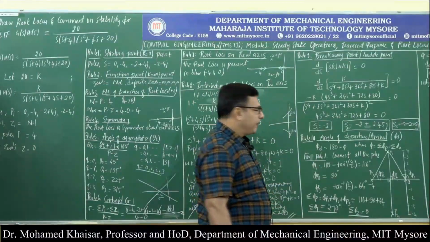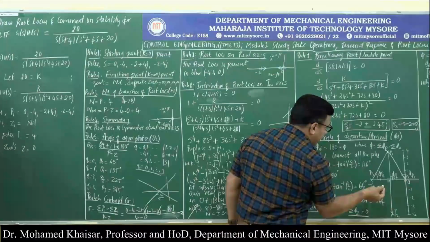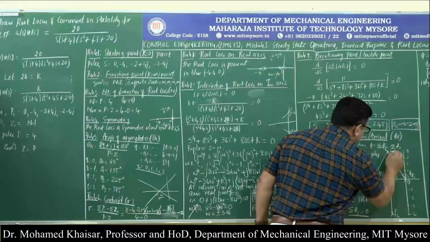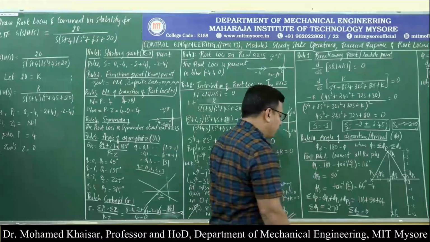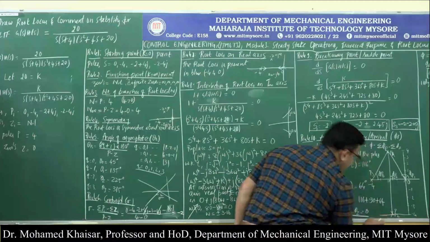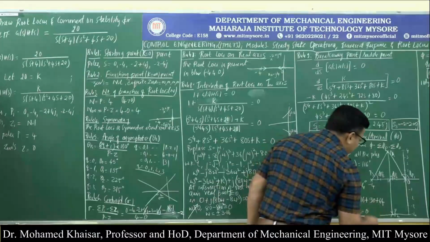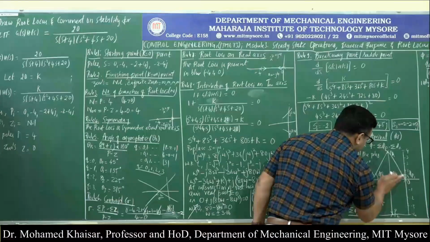If you want to find the angle of departure, how? Suppose this is pole A, for which we are trying to find the angle of departure.